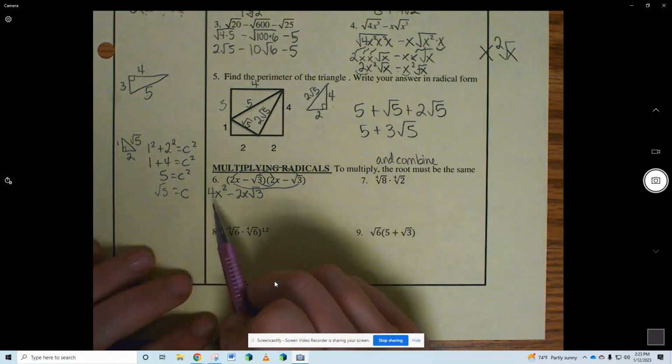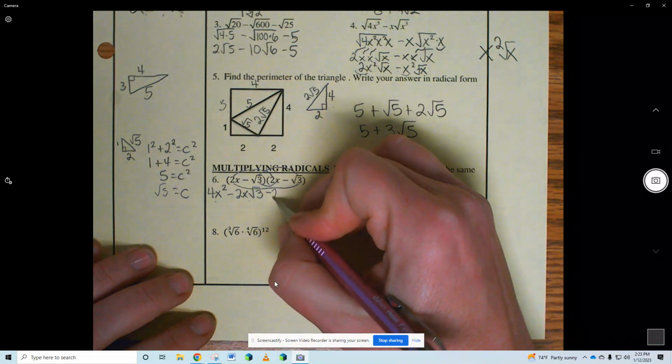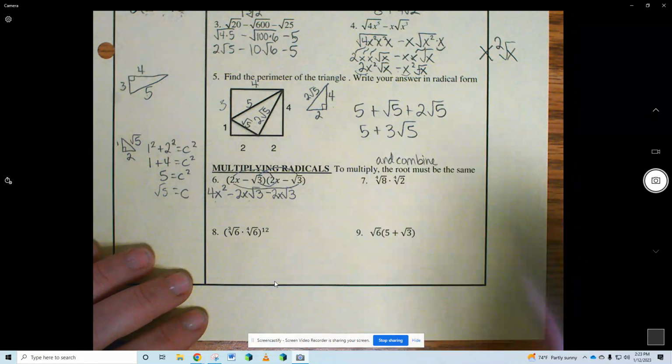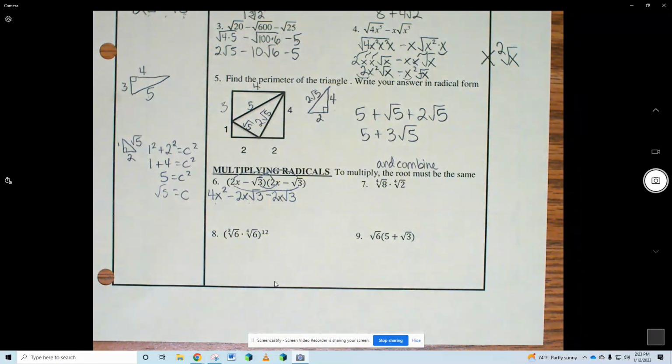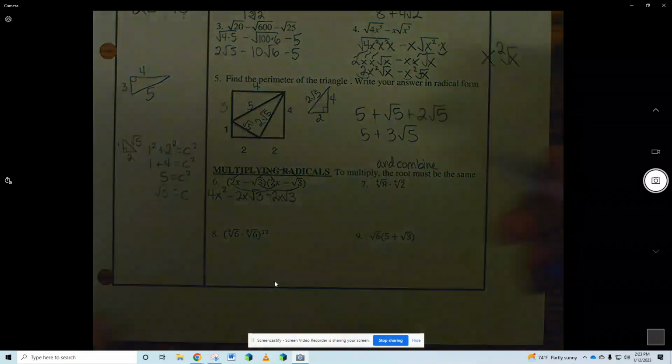That was first, outside. Inside, same thing. Negative 2x rad 3. And last, negative rad 3 times negative rad 3. What is it? Positive rad 9, which is then positive 3. Plus 3.